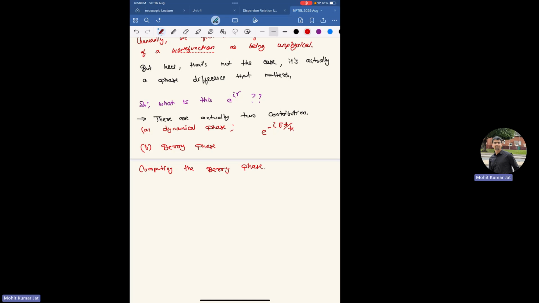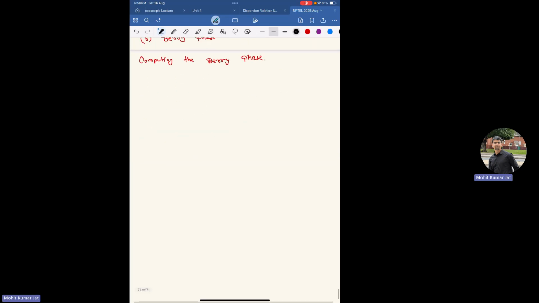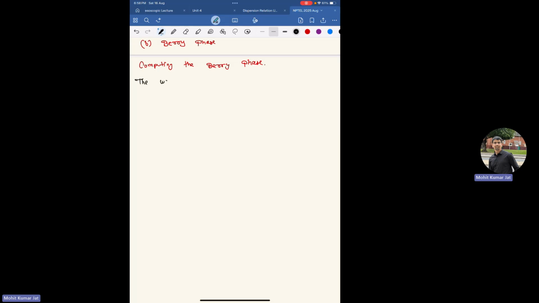Right. So the wave function of the system evolves through the time dependent Schrodinger equation.